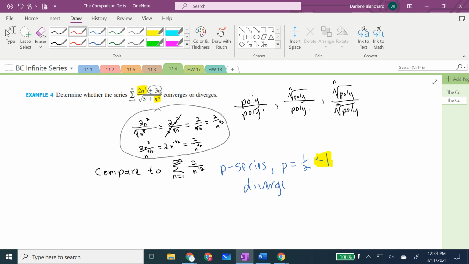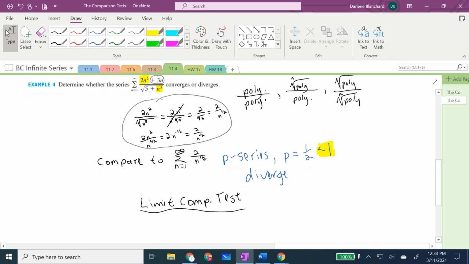So you've decided who to compare it to. You've figured out why that series diverges, and you've said what causes it. There's one thing left. And I recommend you use the limit comparison test. But I will say it's possible the direct comparison test will work, but I highly recommend limit.